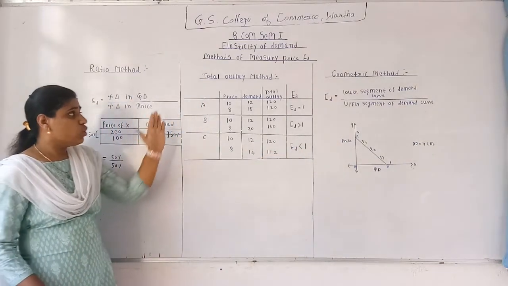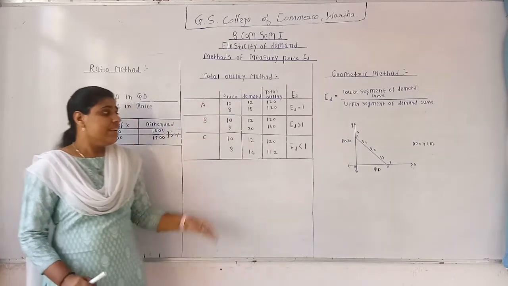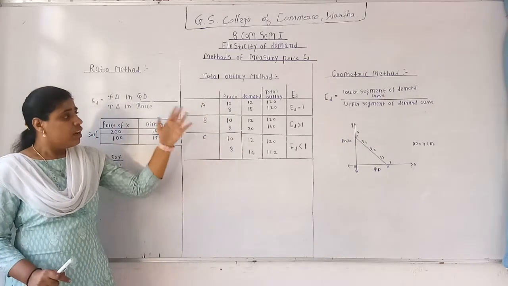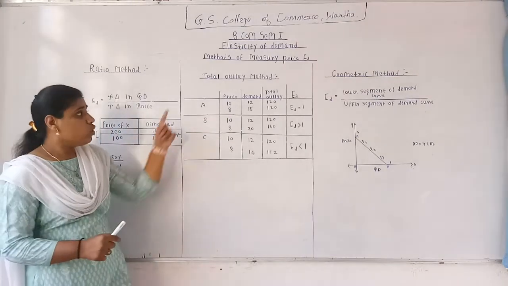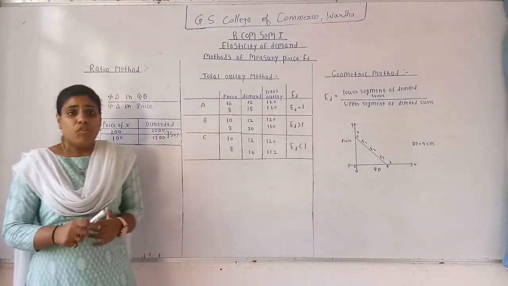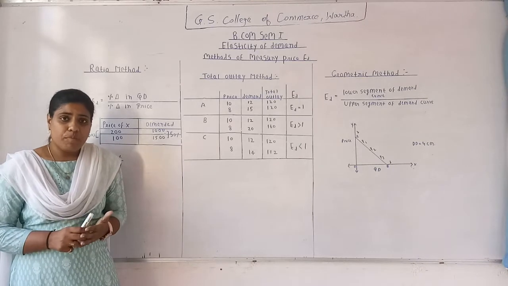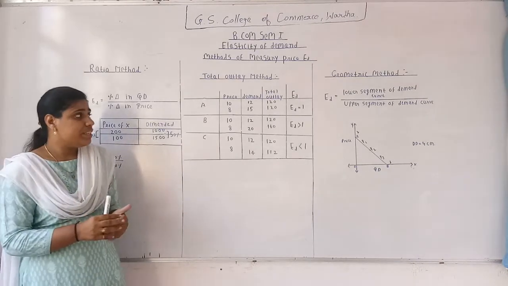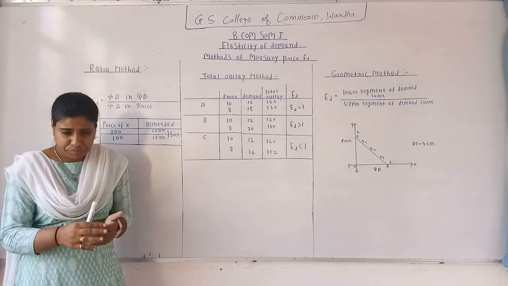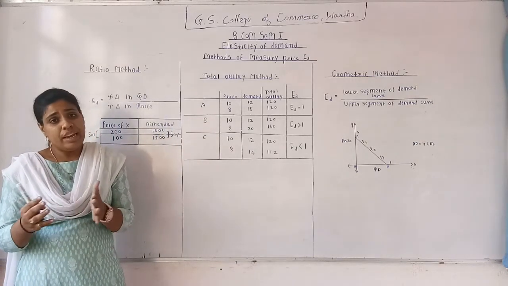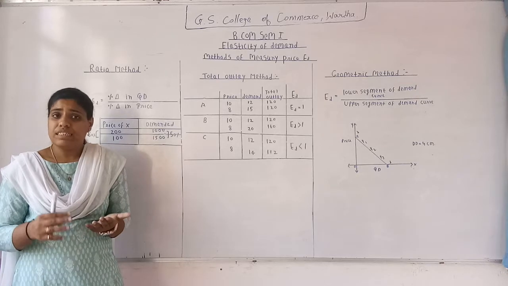So in this way, under the total outlay method, elasticity of demand is calculated. Basically, in the total outlay method, for calculating the elasticity of demand, the original expenditure made by the consumer is compared with the expenditure made by the consumer when the price changes.